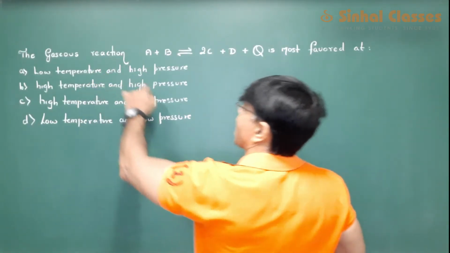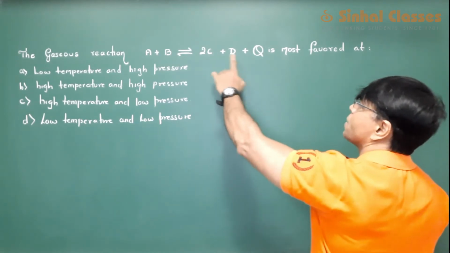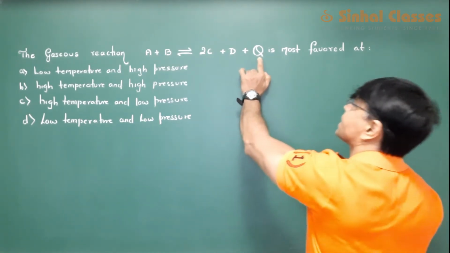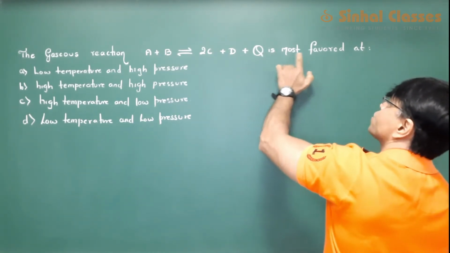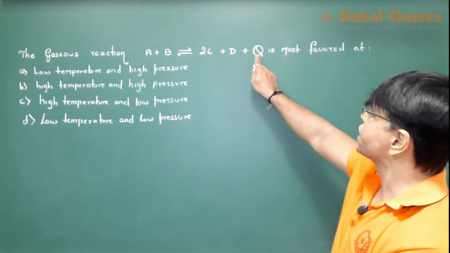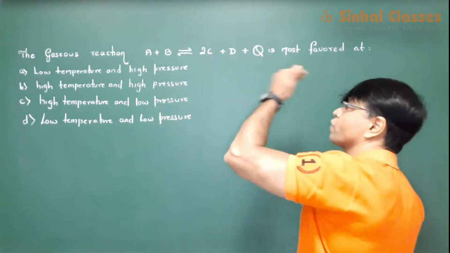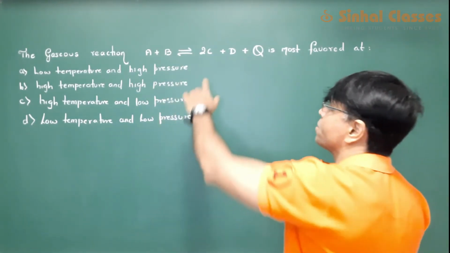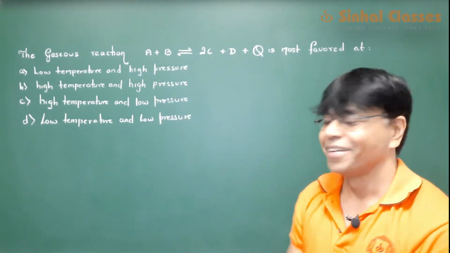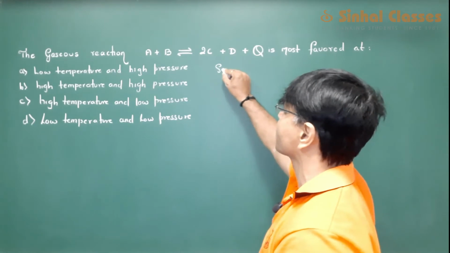The gaseous reaction A plus B gives you 2C plus D plus Q, where Q stands for heat which is given out during the course of the reaction, is most favored at, when an equilibrium is obtained. Now just analyze this equation very carefully.